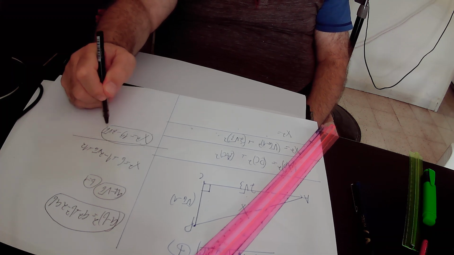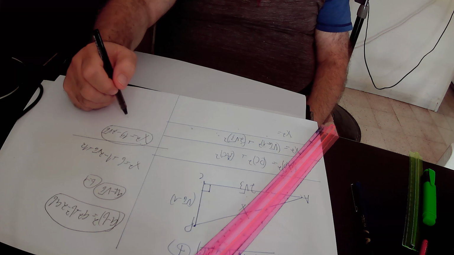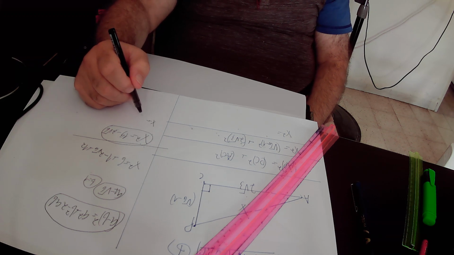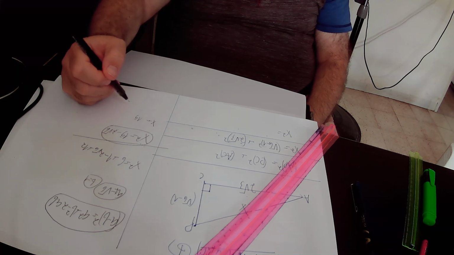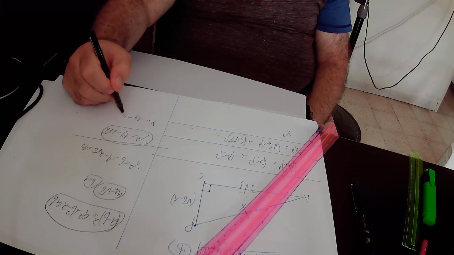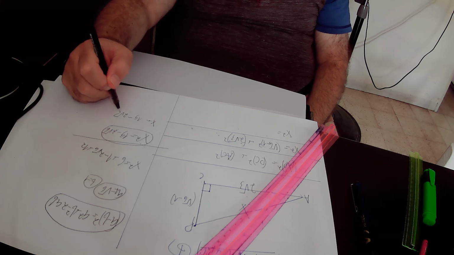Here we take the root of this equation, and we found out that x equals the square root of 19 minus 2 times root of 6.